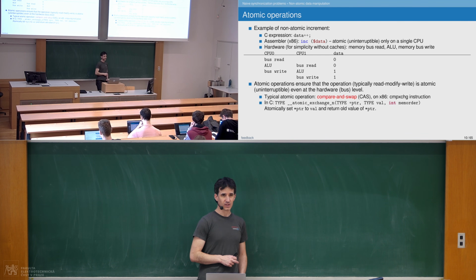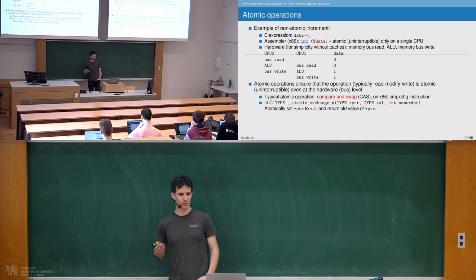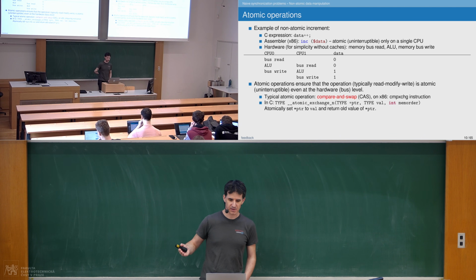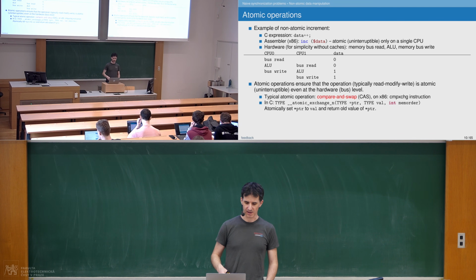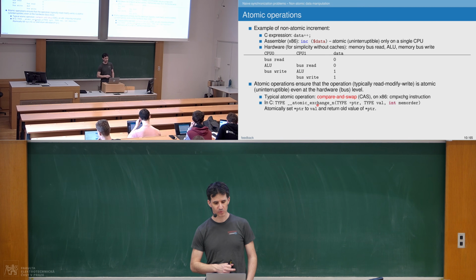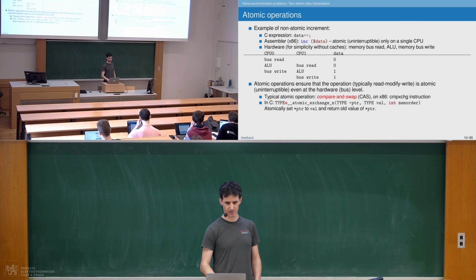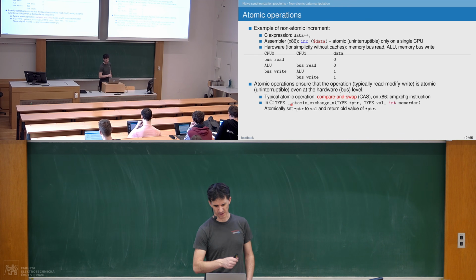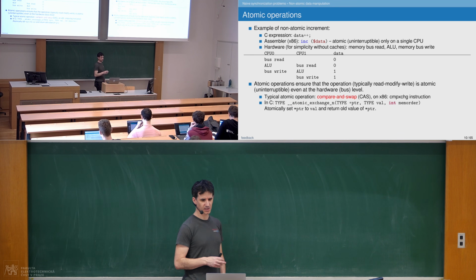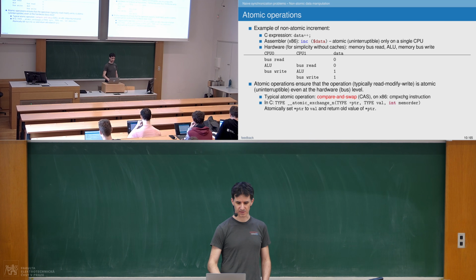If you want to use this, you can either use inline assembler in C, or if you don't like inline assembler, or if you want your program to be portable to different architectures, you can use, for example in C, not C++, an extension in GCC, which is also in other compilers, called __atomic_exchange_n.